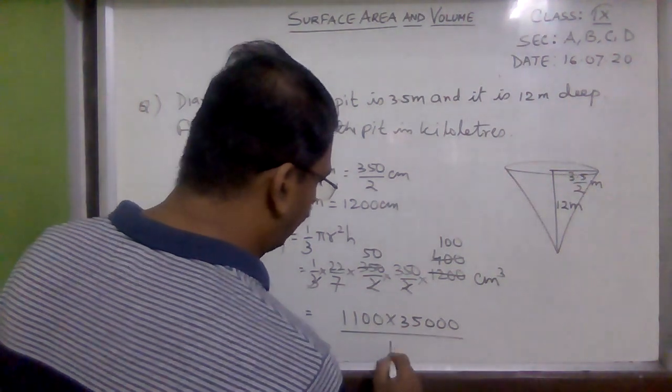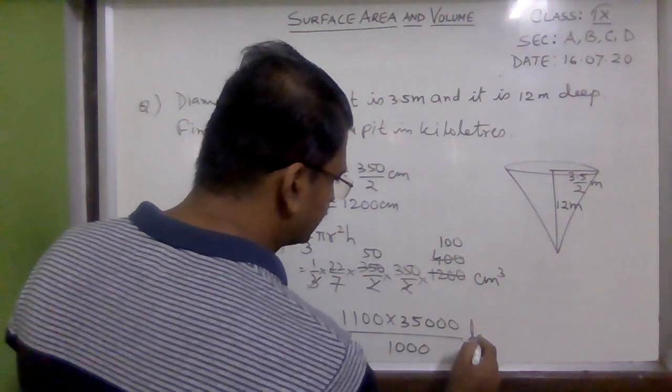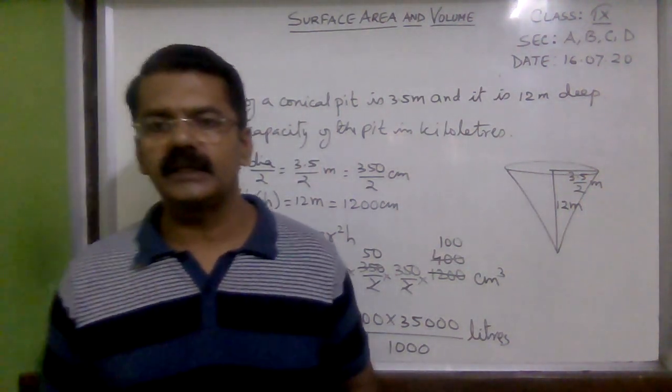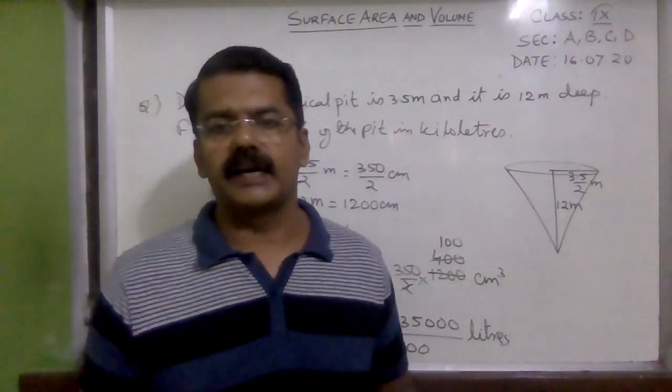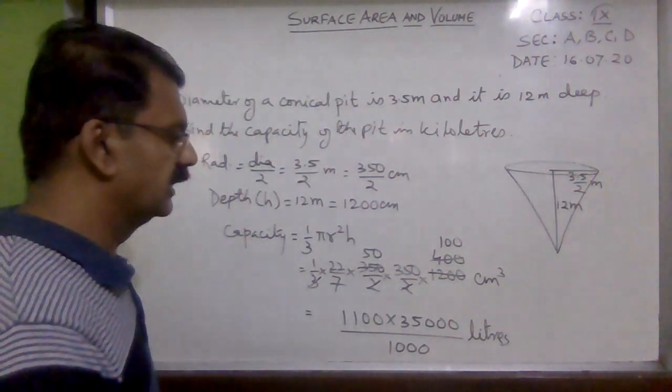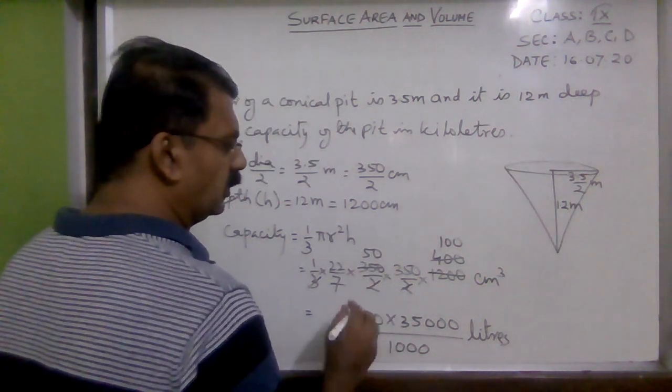So you divide it by 1000, so you will get your answer in liters. I told you in a previous question that in 1 liter there are 1000 centimeter cube. That means to convert centimeter cube into liters we have to divide it by 1000. So this is the volume in liters.